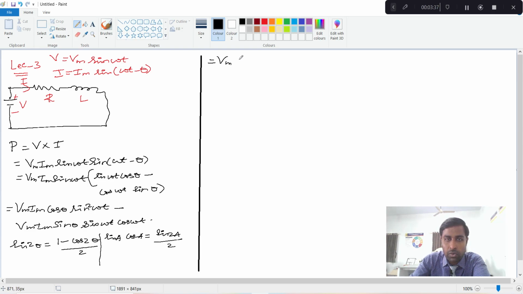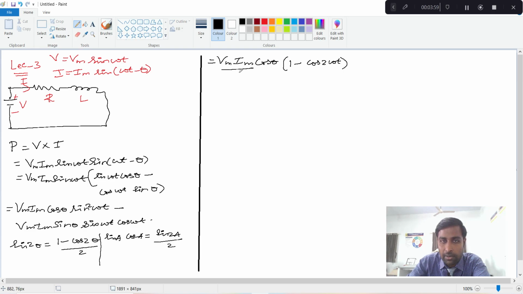So this will give Vm Im cos theta, and instead of sine square omega t, I am writing 1 minus cos 2 omega t, divided by 2.